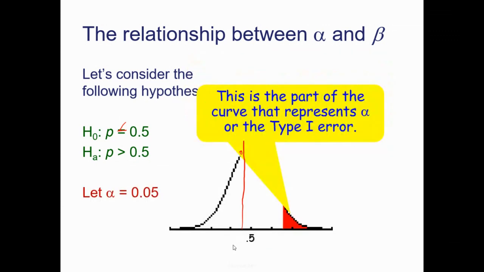So the part of the curve that represents a type 1 error is this part in red down here. That part in red is a type 1 error if alpha is 0.05.